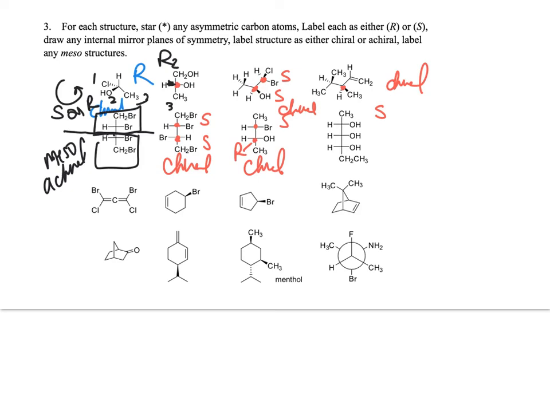This compound here, I will have to do the assignment. 1, 2, 3. 1, 2, 3 is clockwise, which is R, and then we go to S. So this carbon is S. We have 1, 2, 3, clockwise, which is R, and that would be S. So this would also be S. And then this carbon here would be 1, 2, 3.